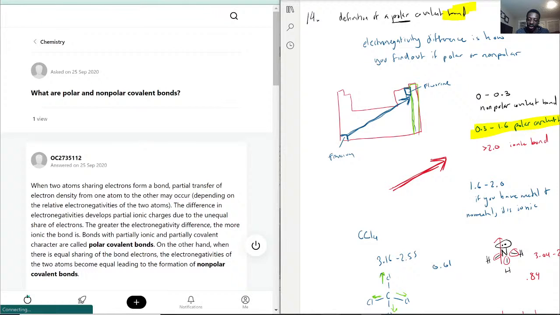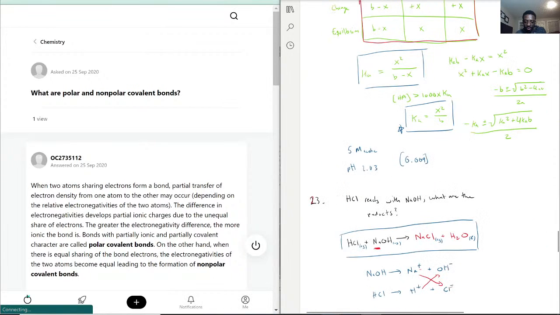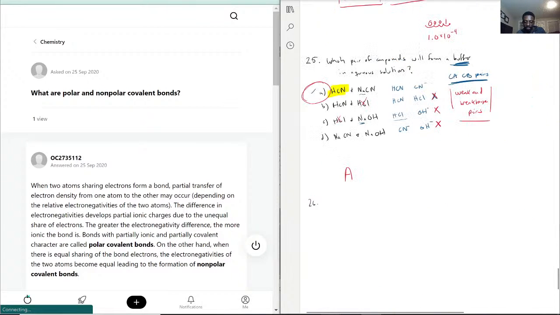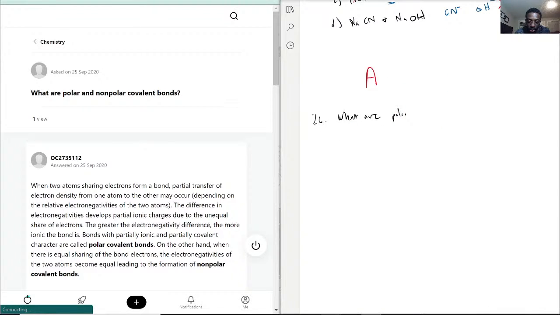So let me copy that. Let's scroll back down to question 26. Okay. And let's still write down the question. What are polar and non-polar covalent bonds? Okay, so with that being said, let's paste down what we had.